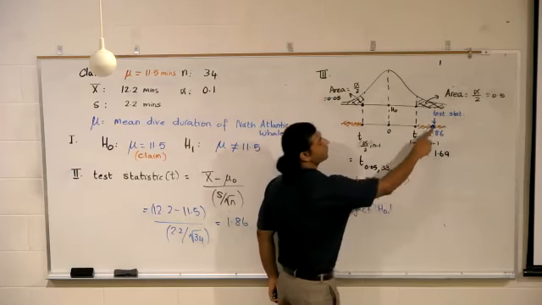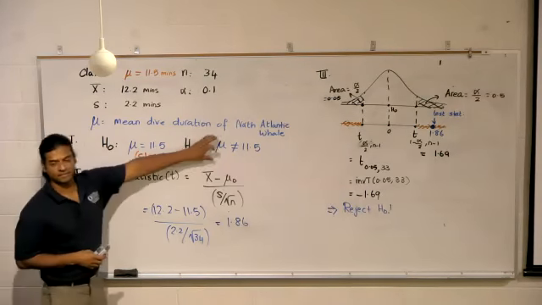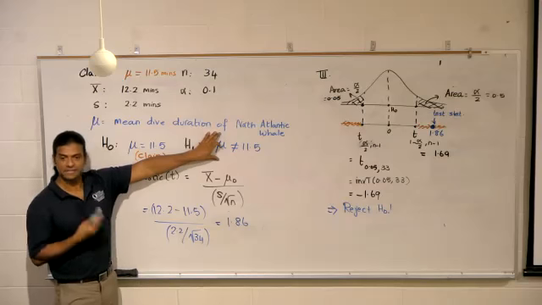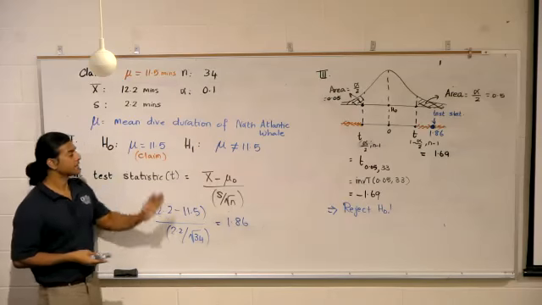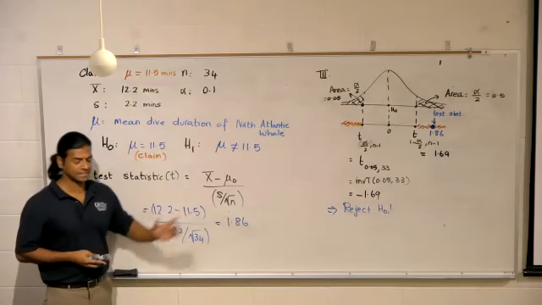So if we reject the null, we're going to go with the alternative. Here is my question: do we have enough evidence to support the claim? No. We have evidence to go against the claim, right? The data is telling us to go toward the alternative.